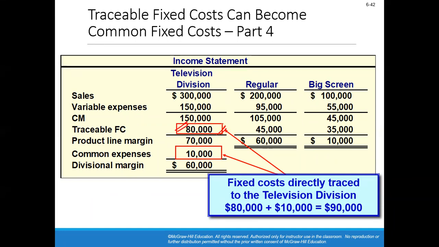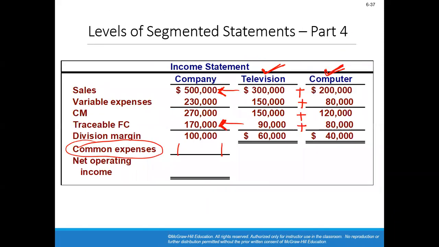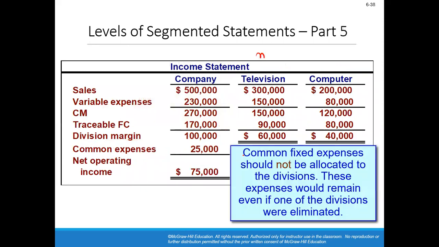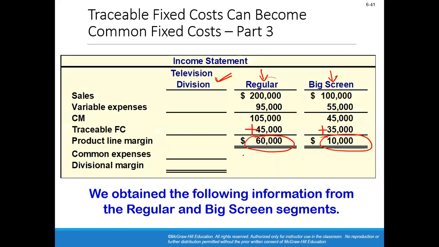But can you recall what the traceable fixed cost was for the entire television segment? It was 90,000. So you see, we have been able to allocate 45,000 and 35,000 fixed cost as traceable fixed cost for the regular TV and the big screen TV.